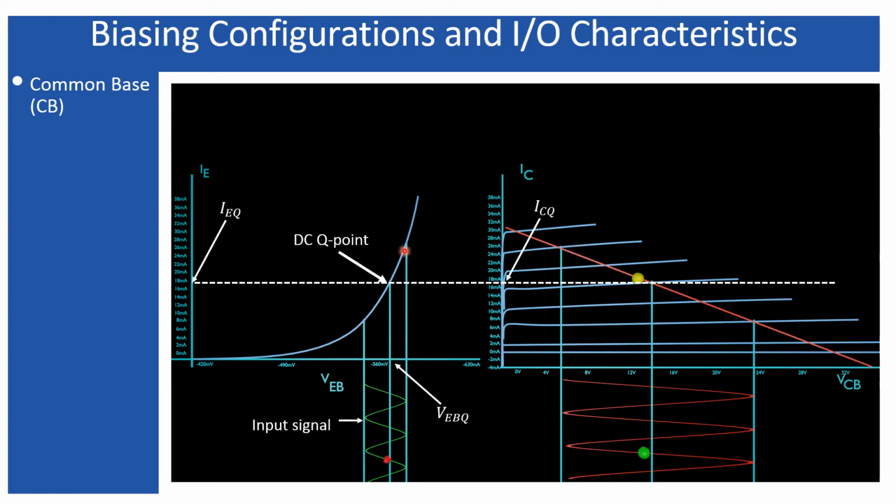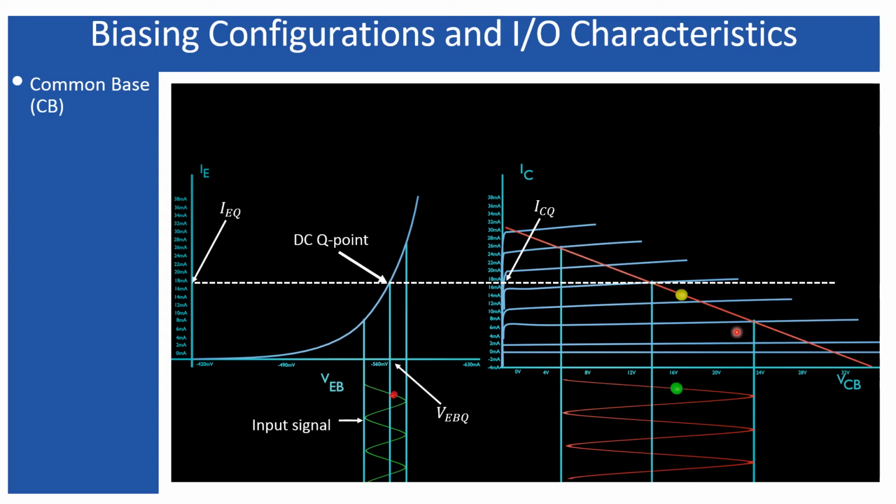And corresponding to the positive extreme load line caused by the positive extreme value of the input signal, there will be a corresponding value on the output characteristics which will intersect the output load line. If you draw a parallel line from this current axis, it will intersect at this point. Similarly, with reference to the negative extreme Q point on the input characteristics, there will be another corresponding point on the output characteristics.